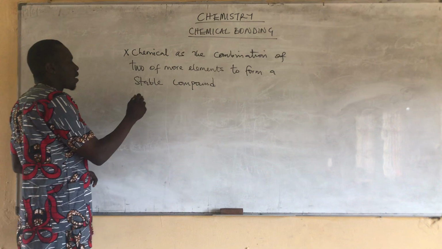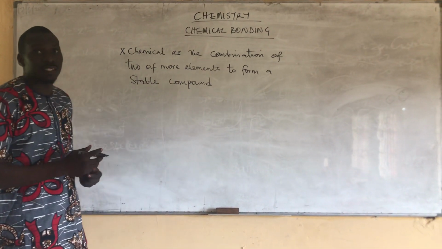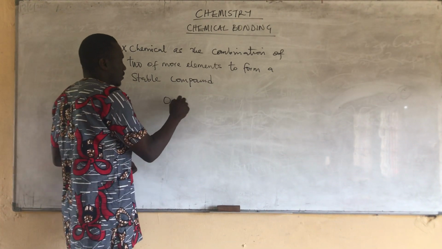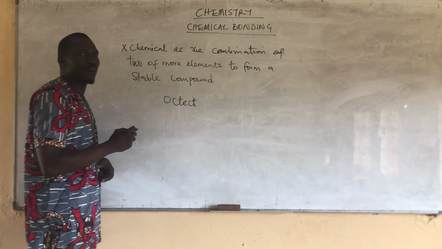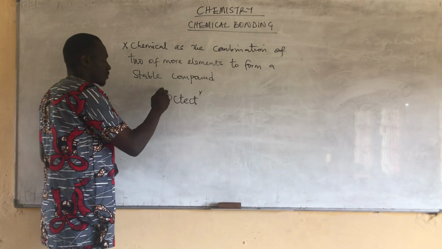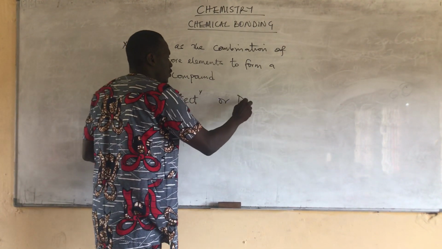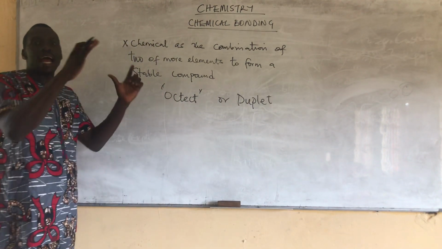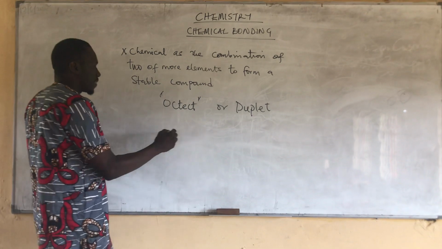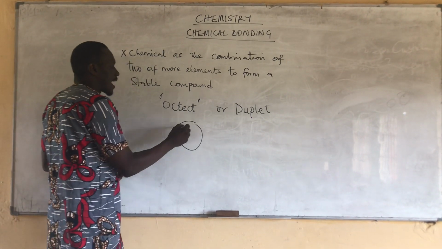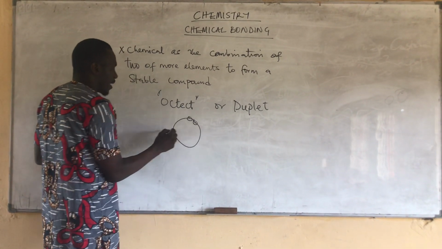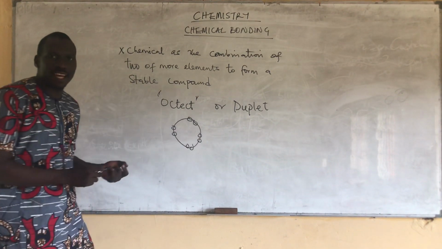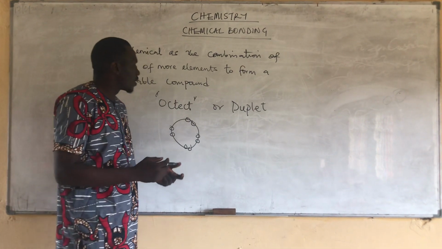The word stable compound here can be referred to as the elements trying to form an octet or duplet. When I say octet, they want the outermost shell to have a stable configuration like that of helium, neon and argon, having 8 electrons at the outermost shell.